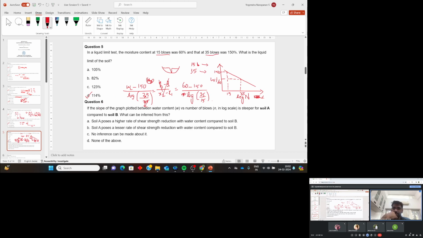Moving to the next question: if the slope of the graph plotted between water content versus number of blows, that is, whatever we saw in the earlier question, is steeper for soil A compared to soil B, what can be inferred from this?